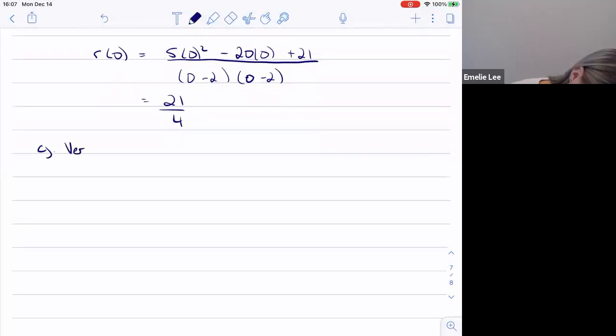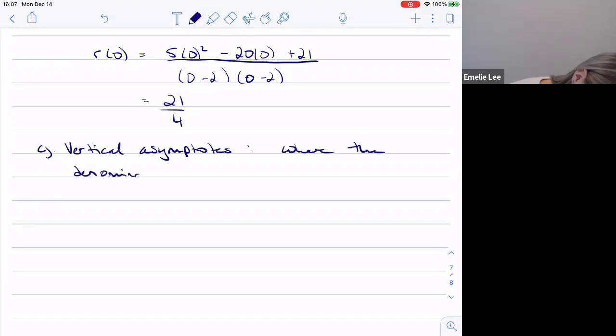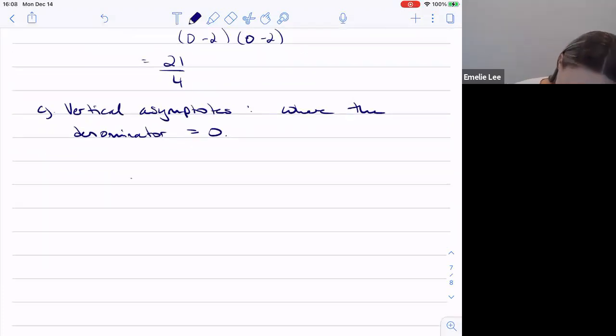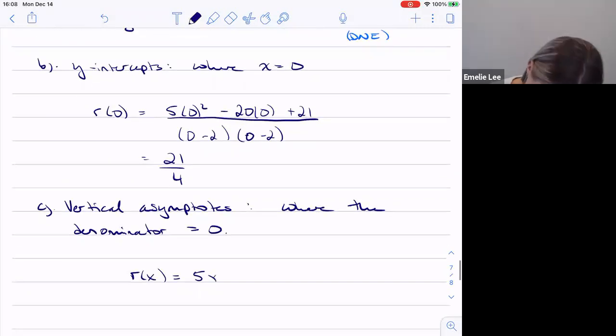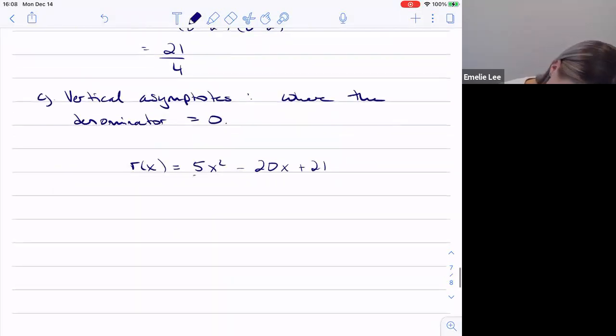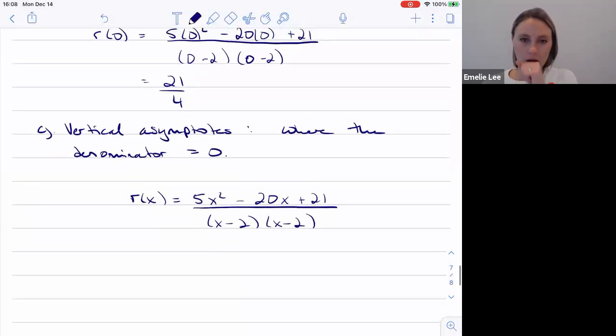So the vertical asymptotes are where the denominator equals 0. So we have r of x is 5x squared minus 20x plus 21 divided by x minus 2 times x minus 2.